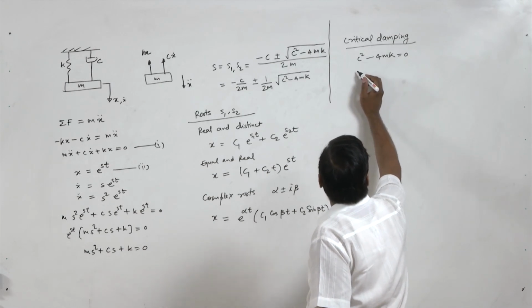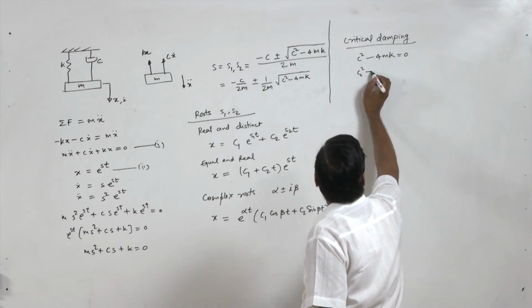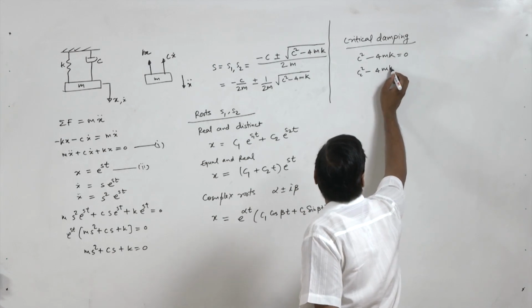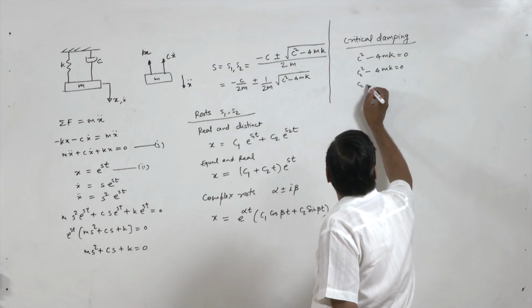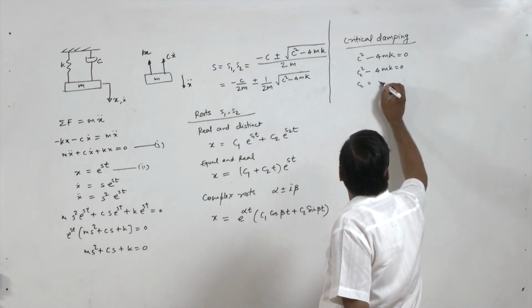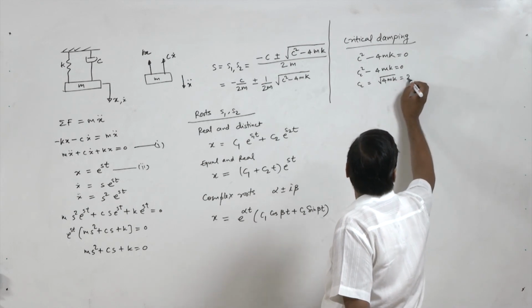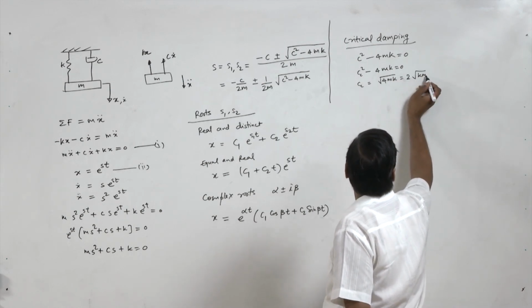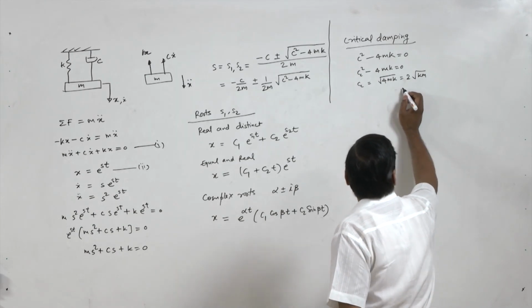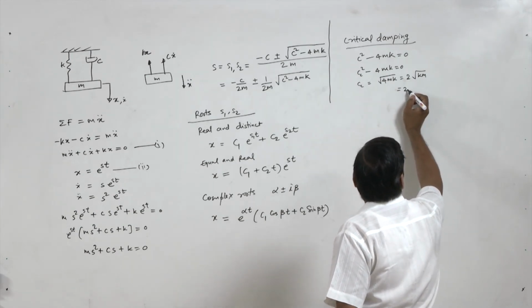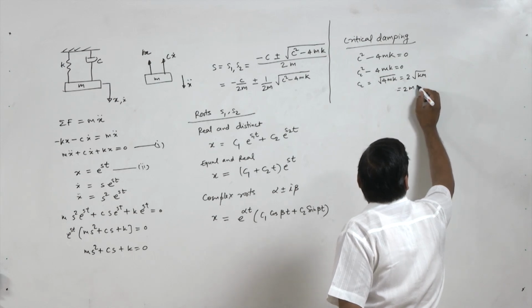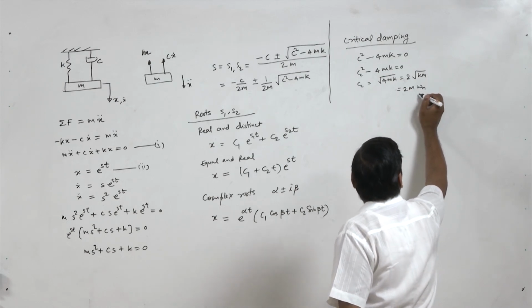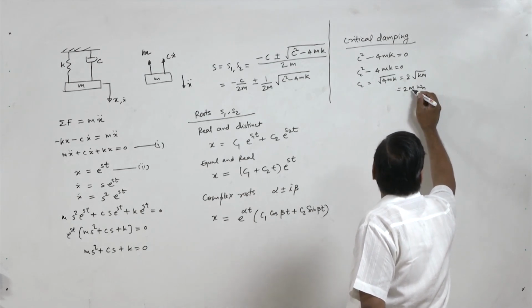So we call it cc square minus 4mk equal to 0. So cc equal to under root 4 mk equal to 2 root km, or we can write it 2 into m into omega n, because omega n is root k by m and m will cancel out.